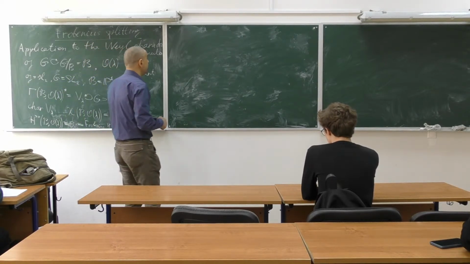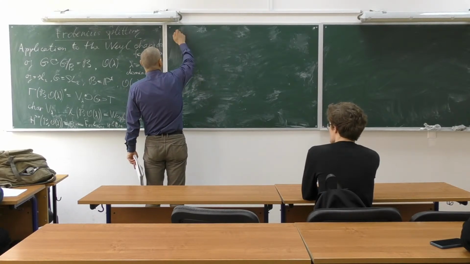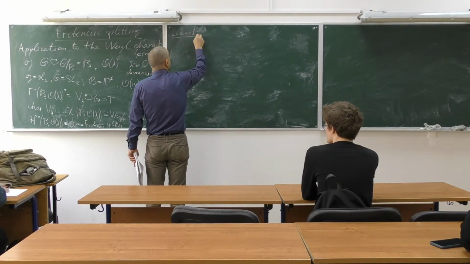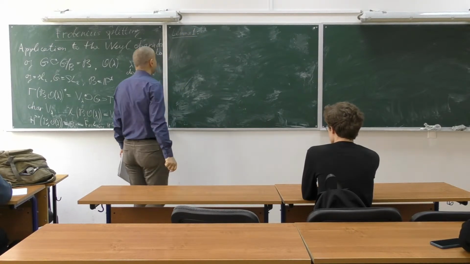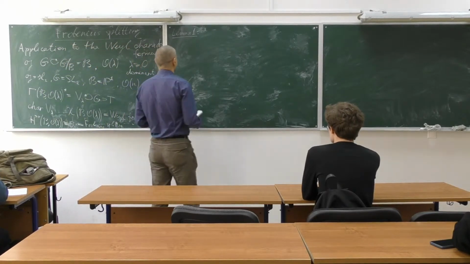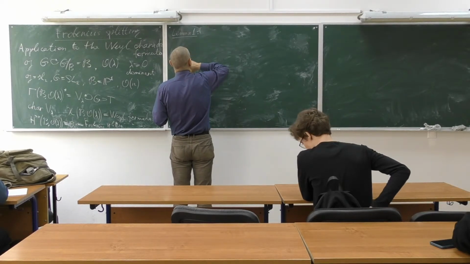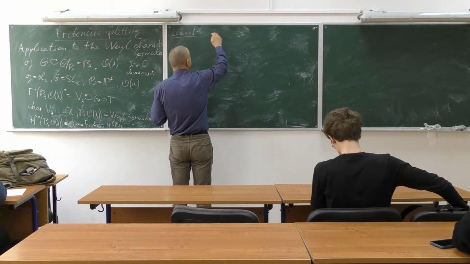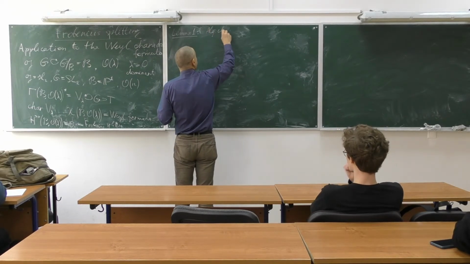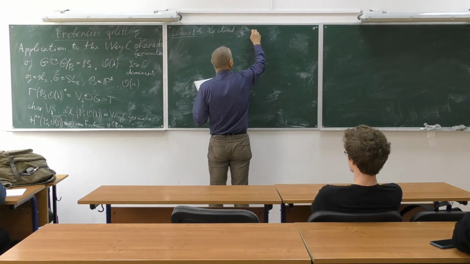Let me formulate a first lemma. After I formulate and prove it, I will say what I mean by Frobenius splitting. First of all, our basic setup is that we have an algebraically closed field K of characteristic p.